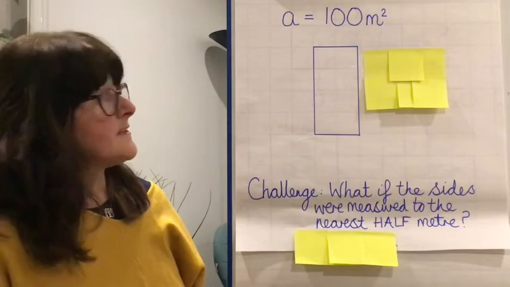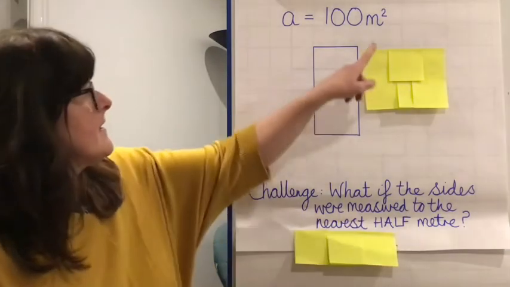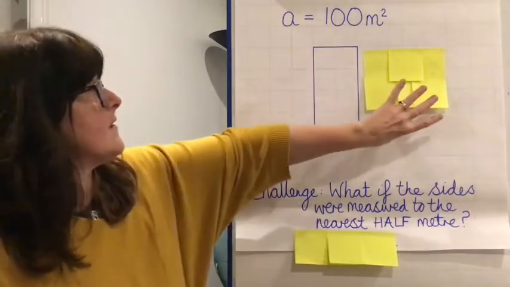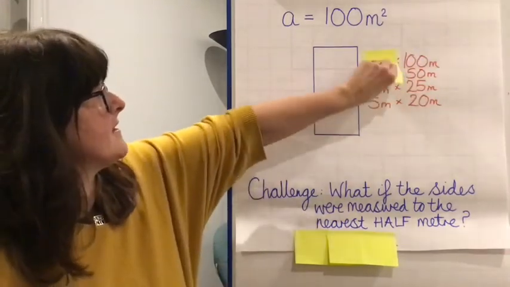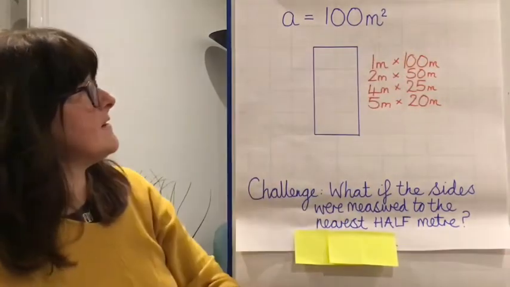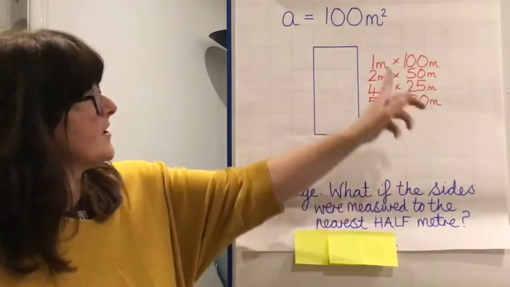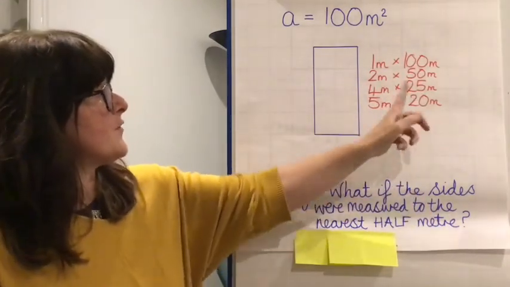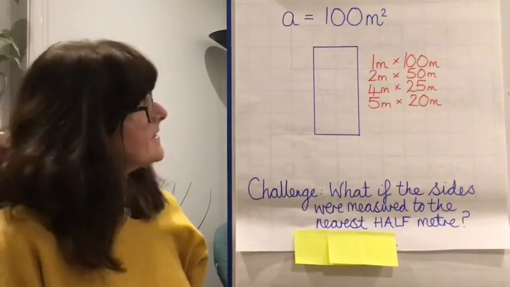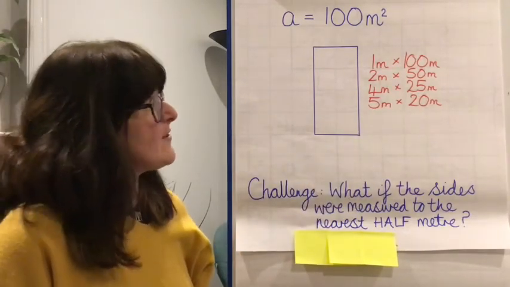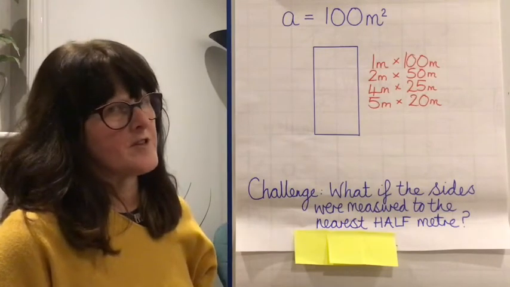Well, I decided to work systematically to find factors of 100. And as you can see, I started with the easy one. 1 times 100, 2 times 50, 4 times 25 and 5 times 20. Now, 10 and 10 are also factors of 100.